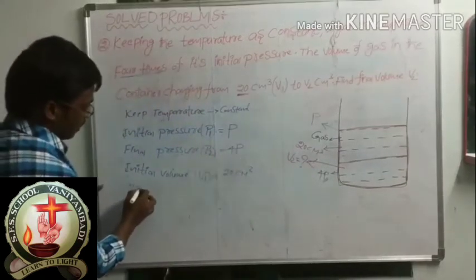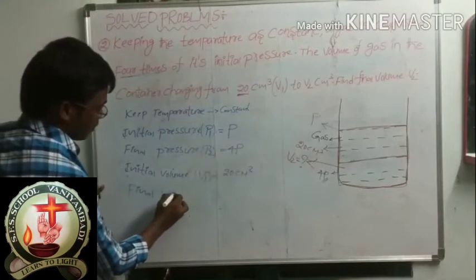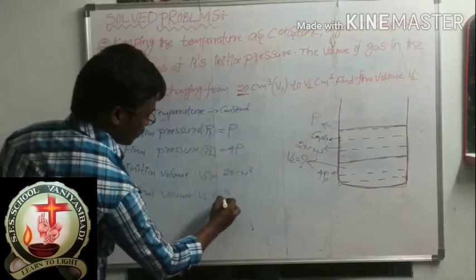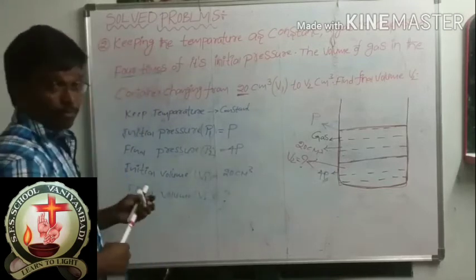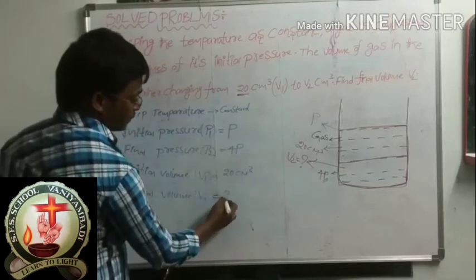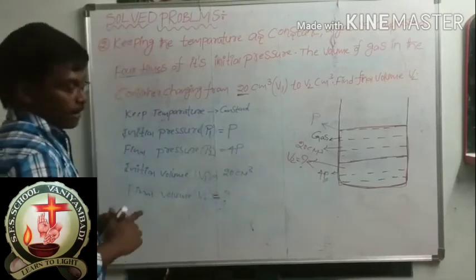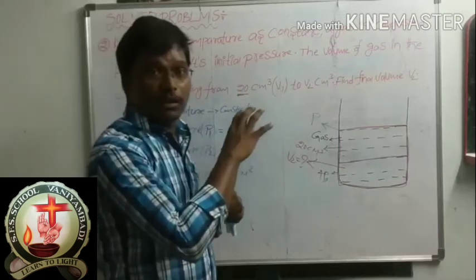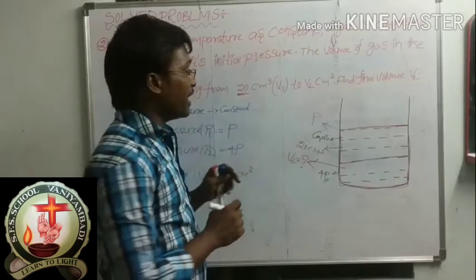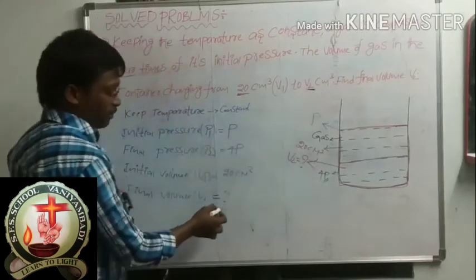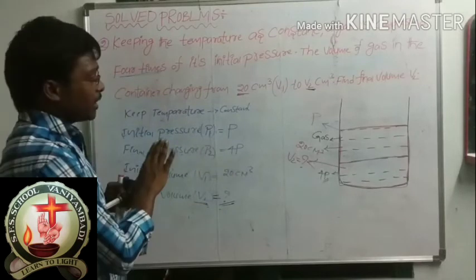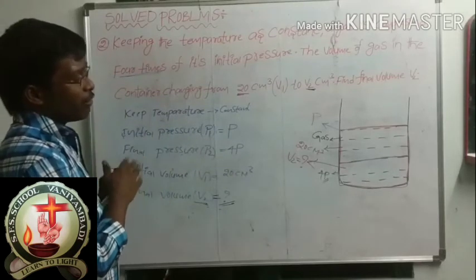Final volume V2 is equal to, you have to find. Okay, final volume we need to find. This is the given data from our question. Now we have to find the final volume V2 value.